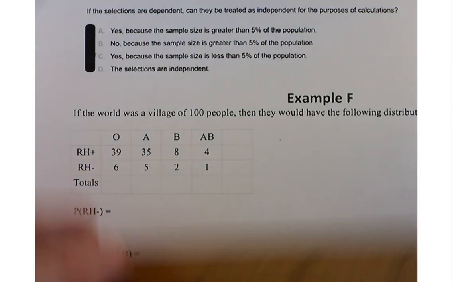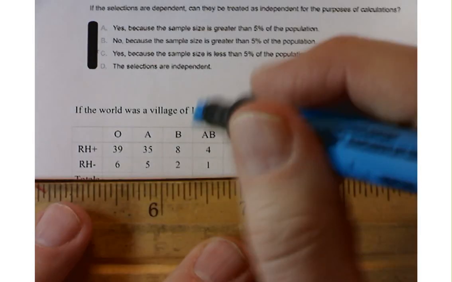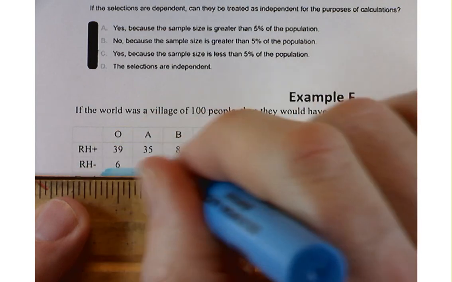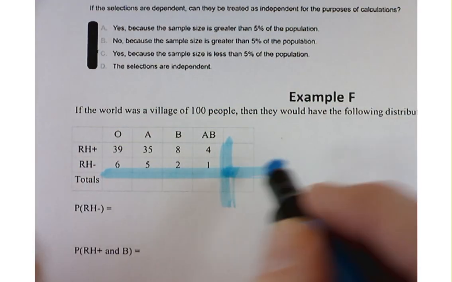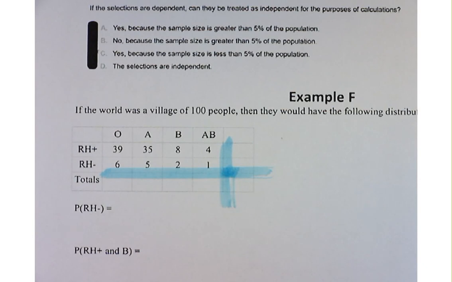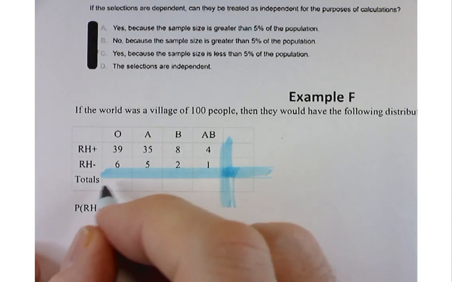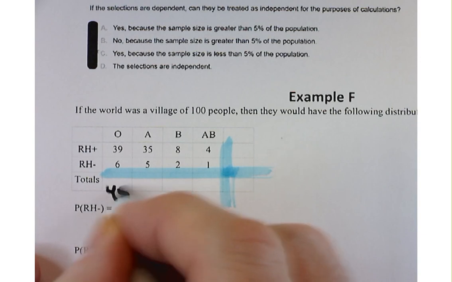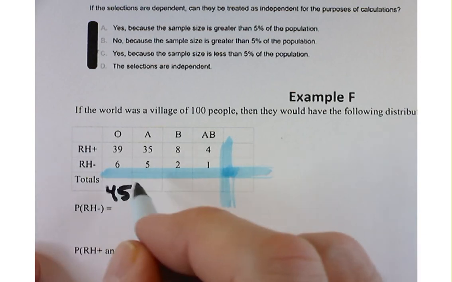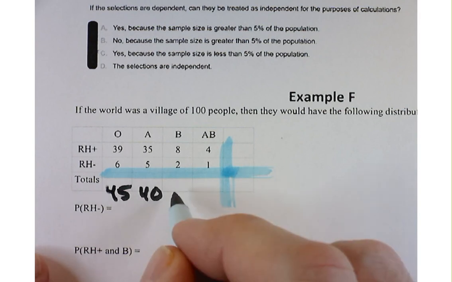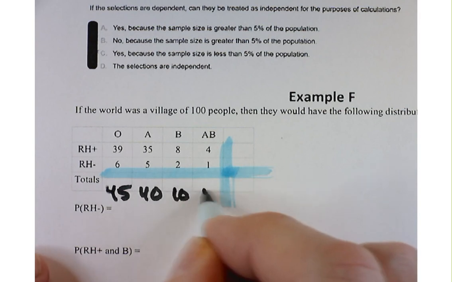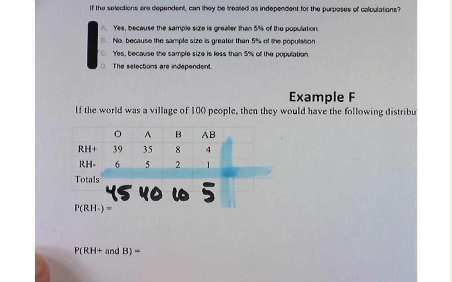Let's put a few in here. So there's 45 people who would have type O blood, 40 that would have type A, 10 that have type B, and just 5 that have type AB.